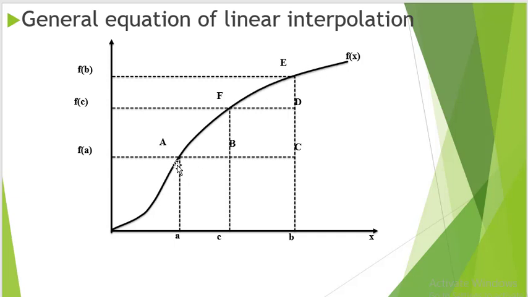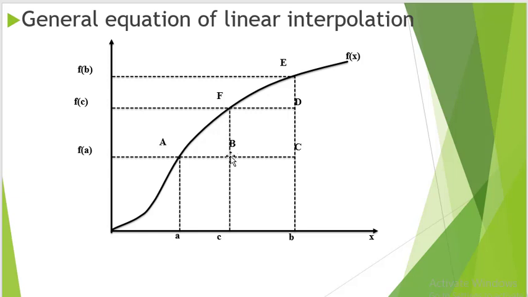When I approximate it to be a straight line, that means I'll create two similar triangles, that is ABE and ACE. After having those two similar triangles, I will equate the sides and divide.